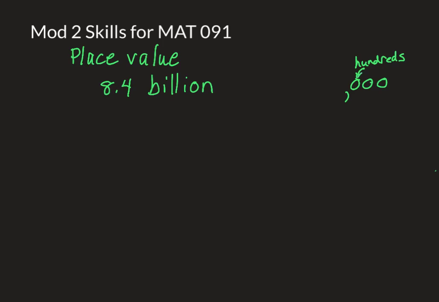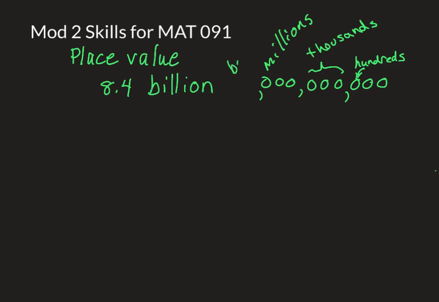And in here we have our thousands up to 999 thousands. And then we have our millions up to 999 million. And then we have our billions. And beyond that, we're going to have trillions and so on.